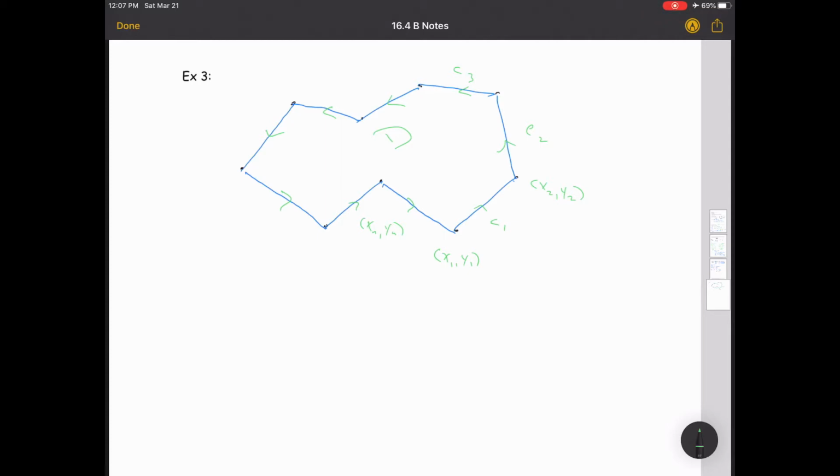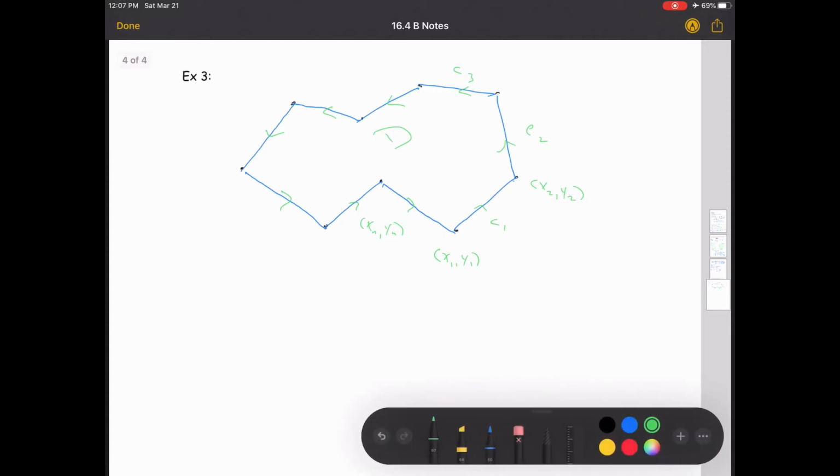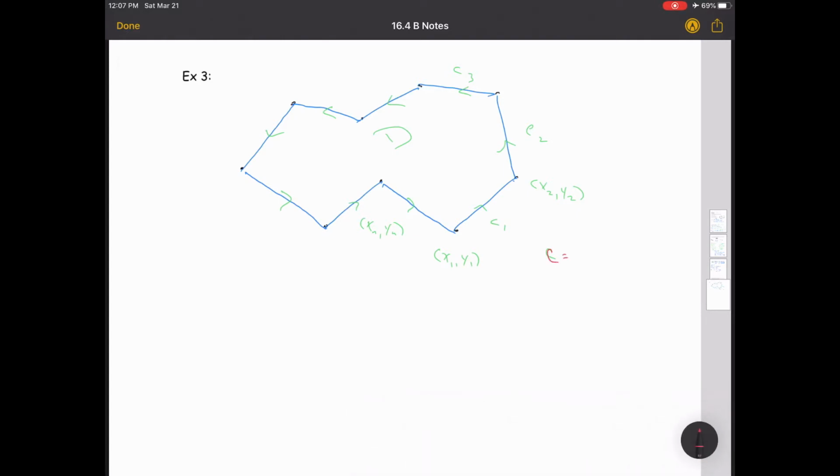If I wanted to find C, just C in general, C is going to be all of the C's added up, C1 plus C2 plus C3 plus all the way up to C sub n.